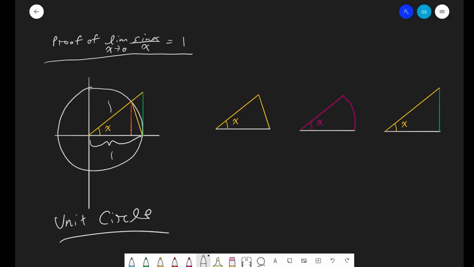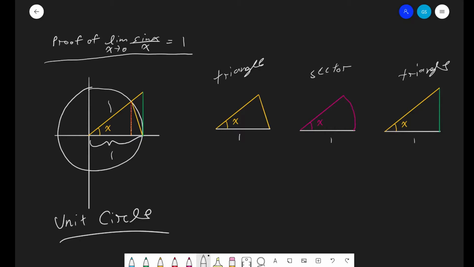I've drawn this triangle here, so we know the base is 1. All of these have a base of 1 unit. Now let's say I ask you to compare the areas. Here we have a triangle, here we have a sector, and here we have another triangle. A sector is just a chunk of a circle, or a wedge, like a pizza slice out of the whole circle.